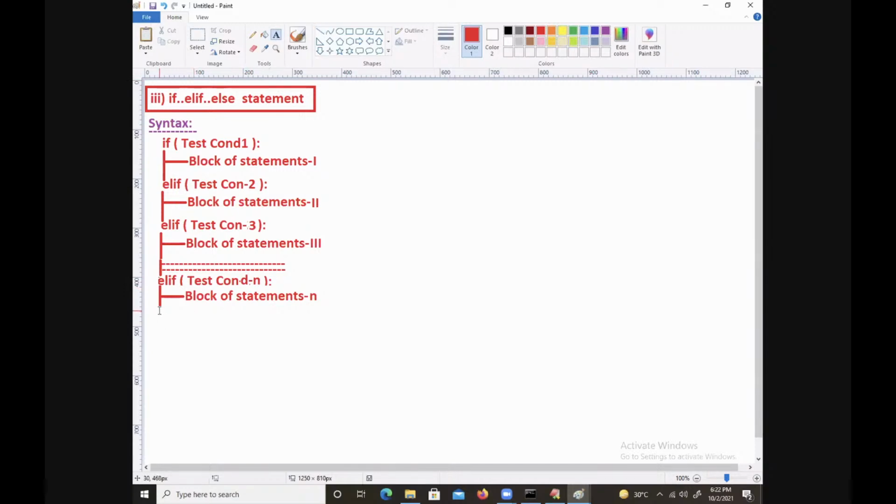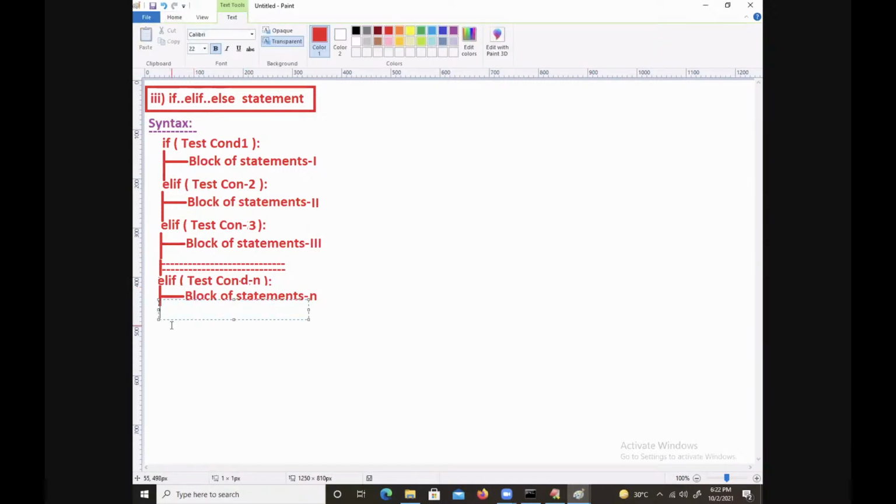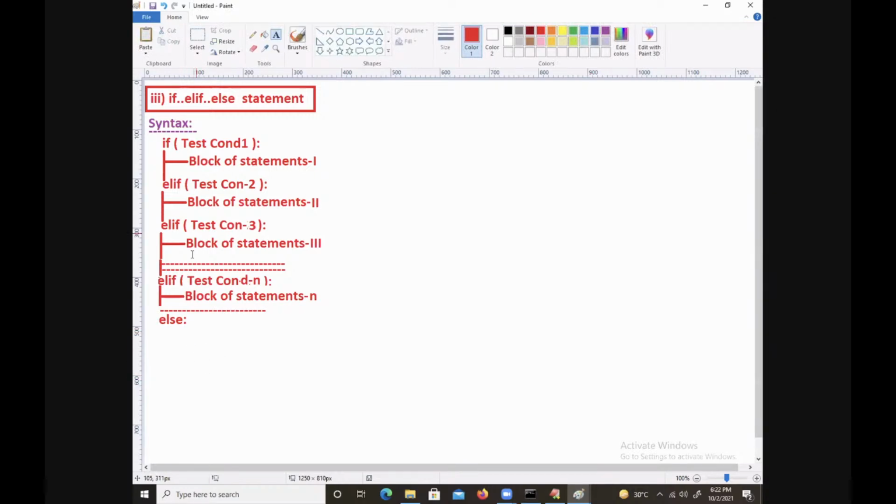And finally, if no test conditions are satisfied, it will come to another part. What is that part? Else. Else block of statements is going to come. Now I am writing execute else block of statements. You must maintain the same indentation.